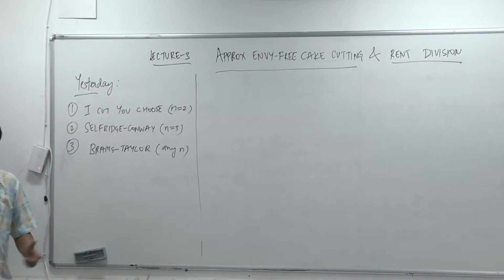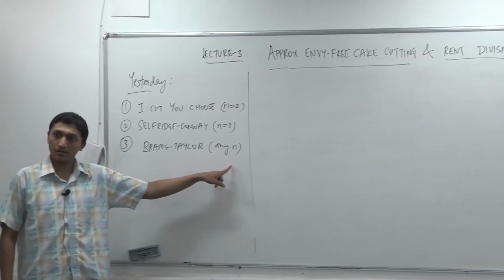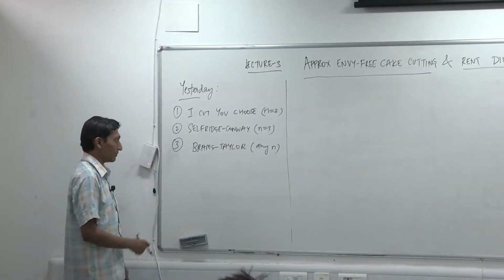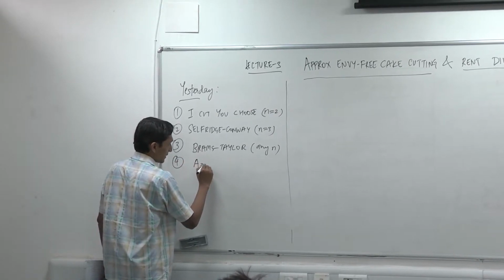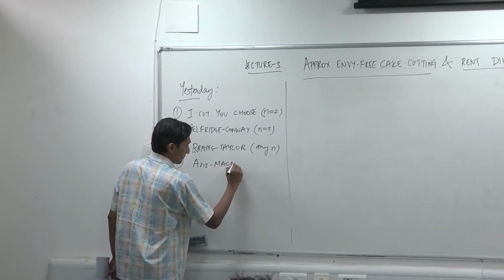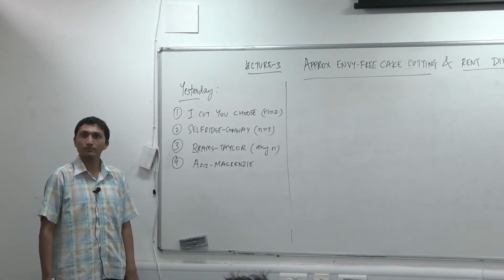What was the issue? Yeah, it was a finite protocol, but it was an unbounded protocol. There was no bound purely in terms of n that you could specify on the number of queries. And we also talked about a development by Aziz and Mackenzie, which gives a bounded protocol.